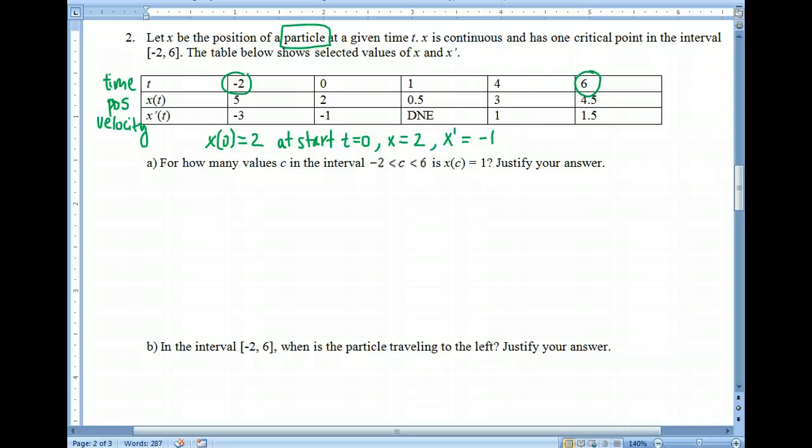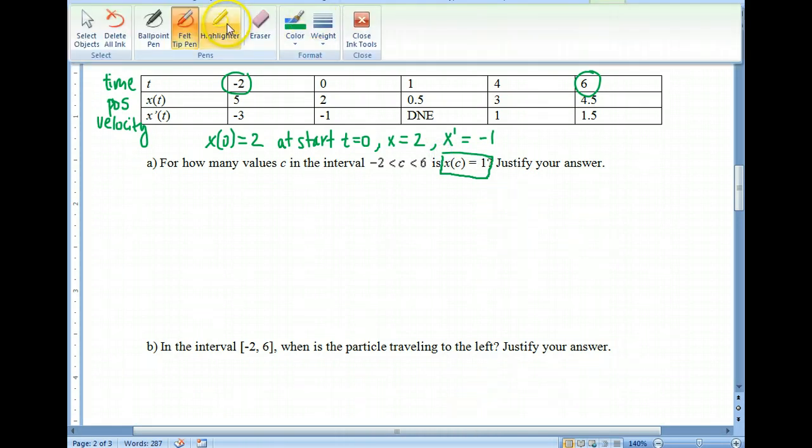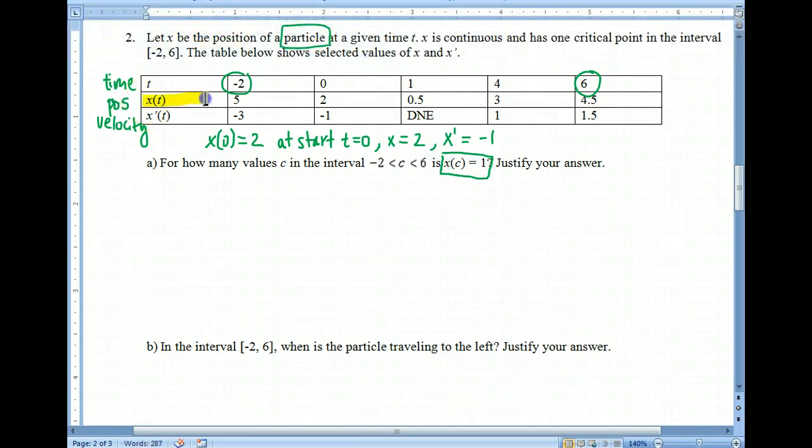So does it ever cross 1? I don't think it crosses. Okay, so here, it does cross y equals 1. Because I'm looking for when x is equal to 1. So I'm interested in this row.